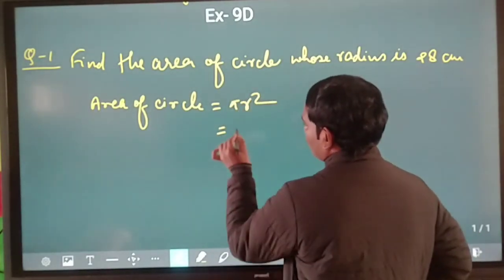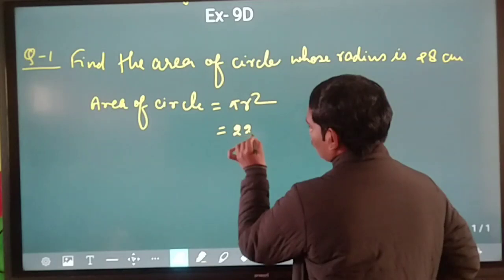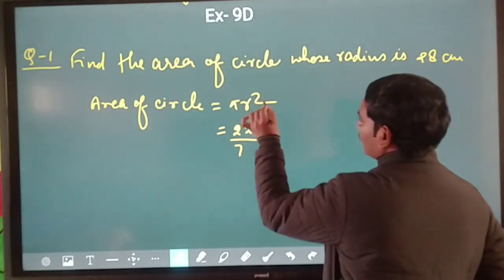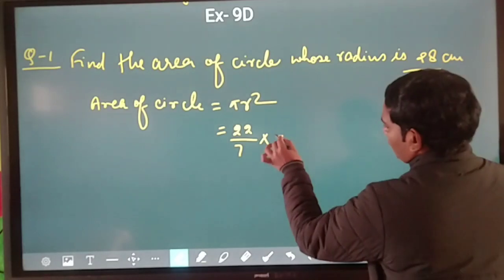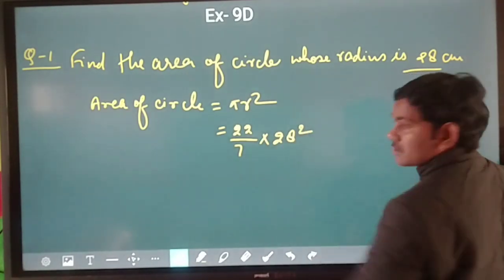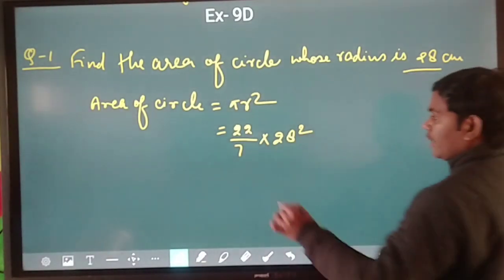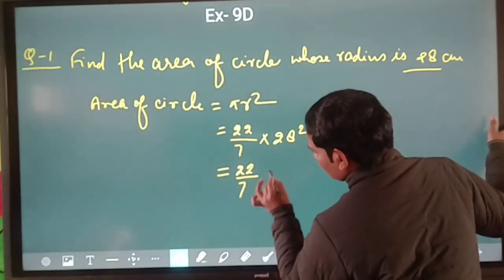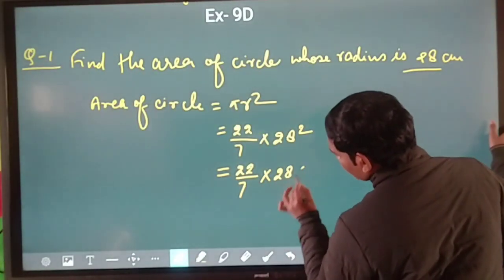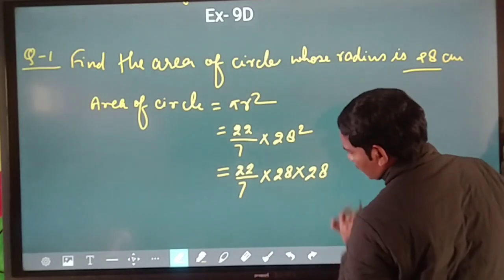Now substitute the value of pi, that is 22 by 7, and the value of radius. The radius is 28 centimeters, so here we write 28 square. Now solve it. We can write 22 by 7 into 28 into 28.